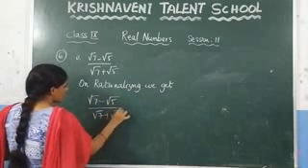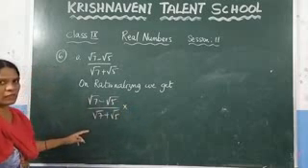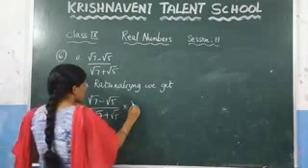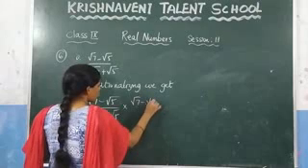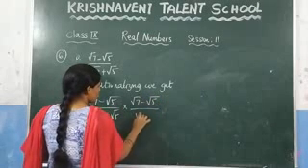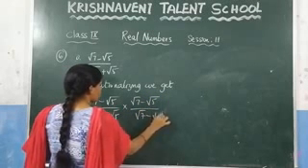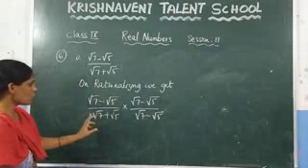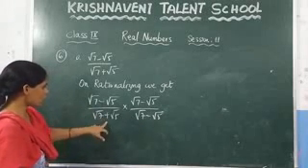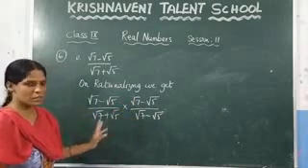This is the given. By which number do you need to multiply and divide? With minus. So just write root 7 minus root 5 by root 7 minus root 5. Since plus is there, you need to rationalize with minus.